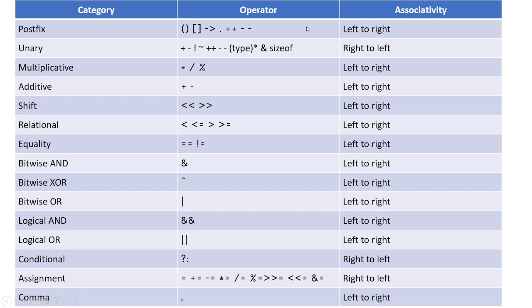If operators of the same precedence group exist in an expression, then left to right is executed, and for the unary operators, associativity specifies that these operators should be executed from right to left, and all the remaining ones are left to right. In the case of the conditional operator, if there are multiple conditional operators, then right to left is executed, and even if assignment operators are there in an expression, then right to left.